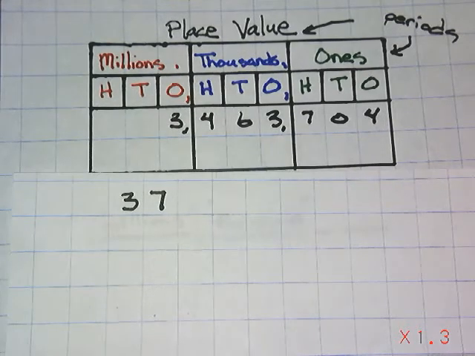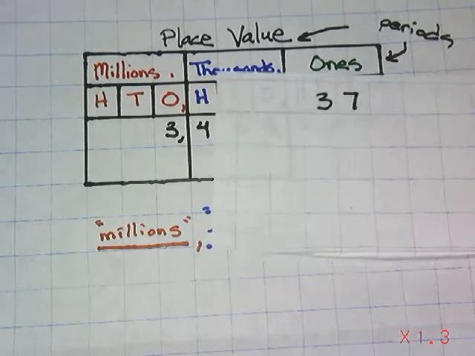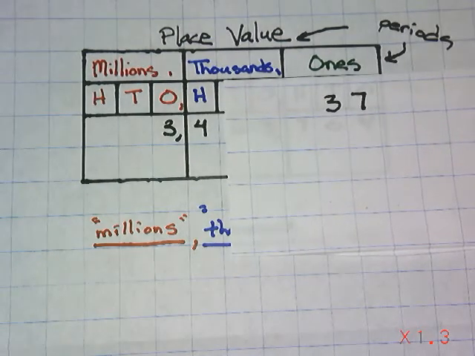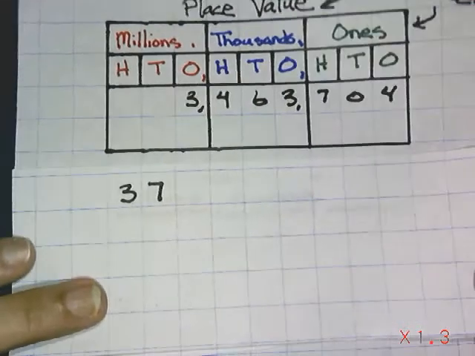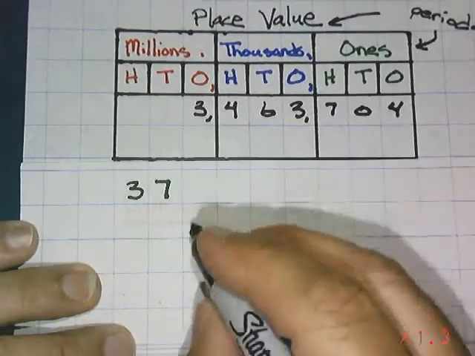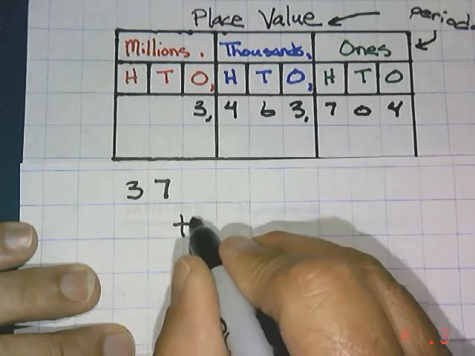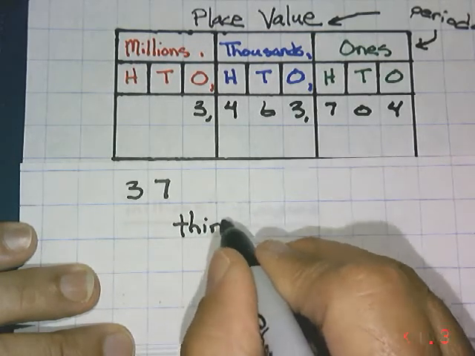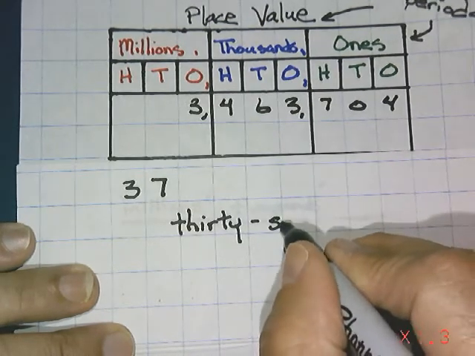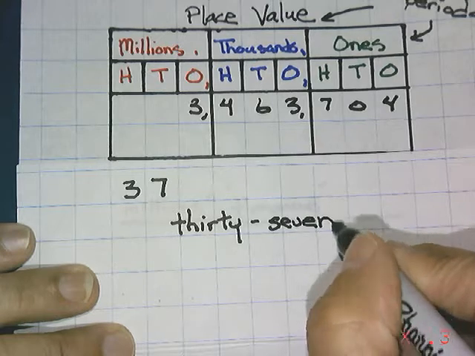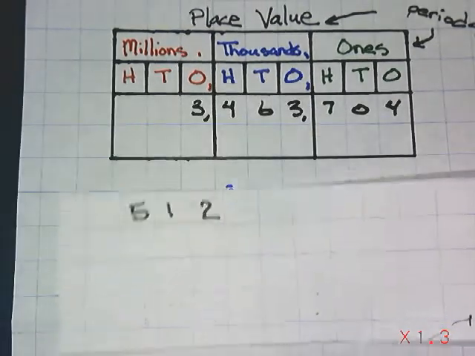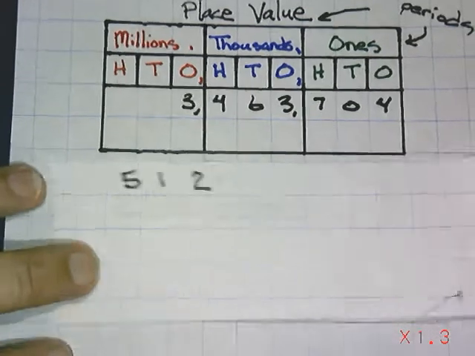37, if I kind of slide that over, is a 2-digit number, so that would just be in the ones period. And 37 in word form, remember this is standard form, is thirty-seven. 512.